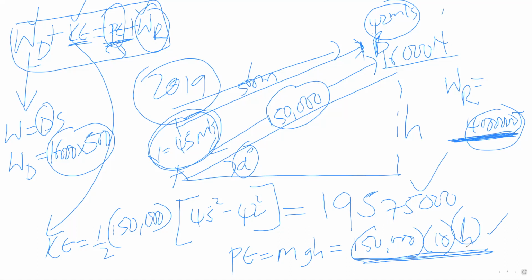Remember, work done by resistance is equal to resistance times displacement. We are given this as 500. If you like, you can even find the resistance, but it's not important in our question. So after we have all that information, we substitute in.